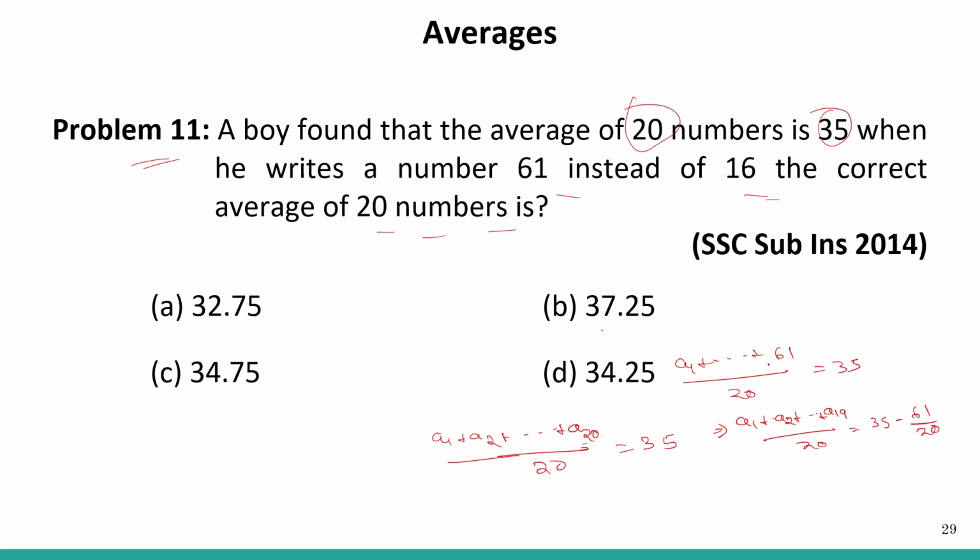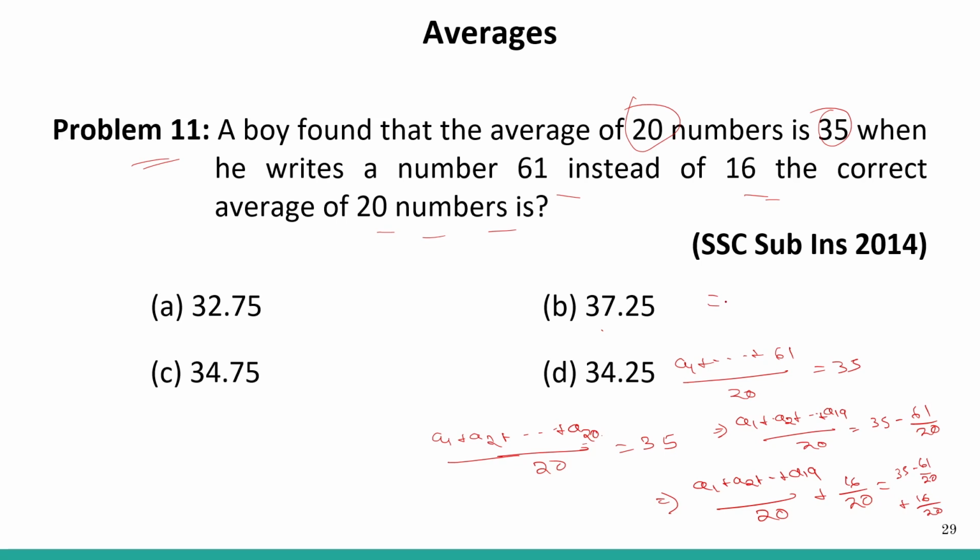Given that 16 was the correct one, what would have been the answer? So (A1 plus A2 plus dot dot dot plus A19) by 20 plus 16 by 20 is equal to, because we know this term, 35 minus 61 by 20 plus 16 by 20.